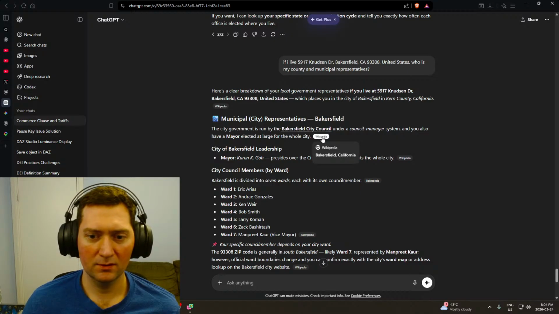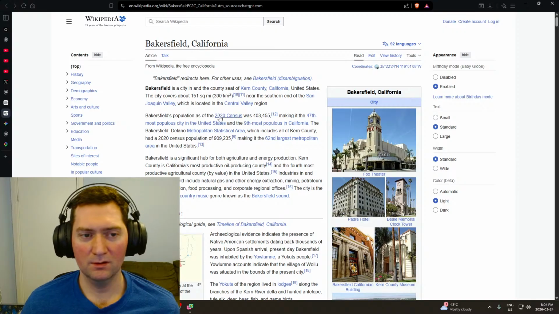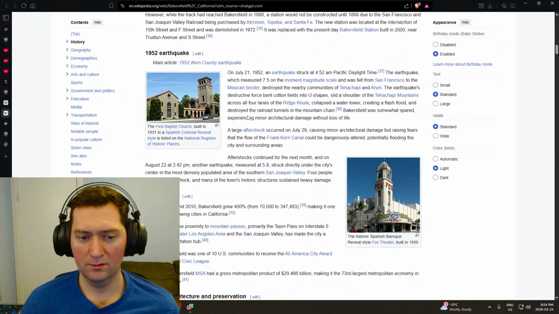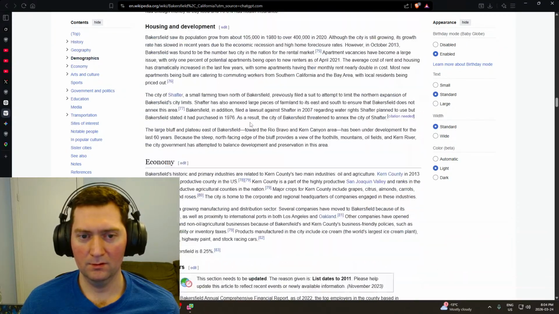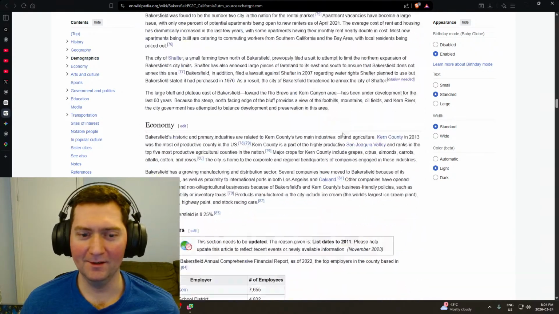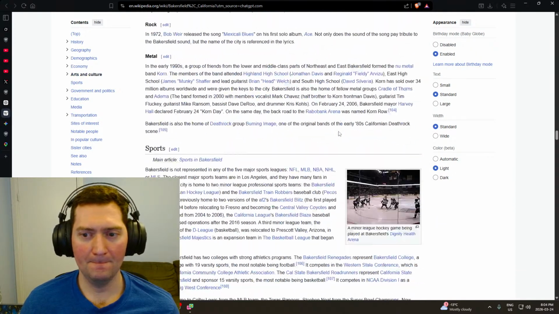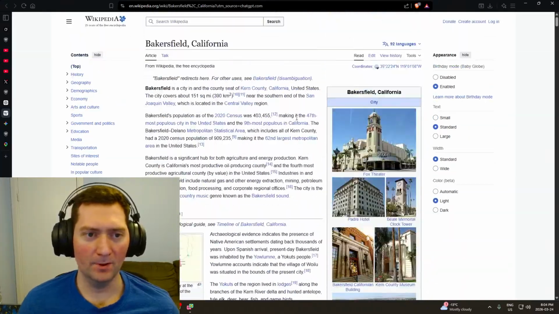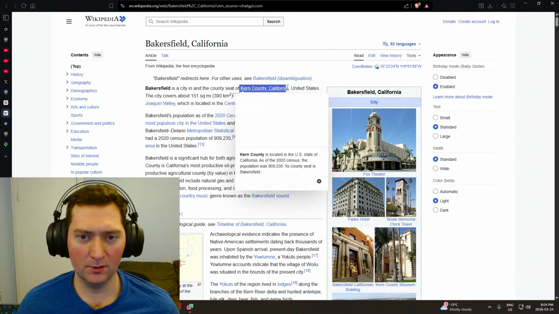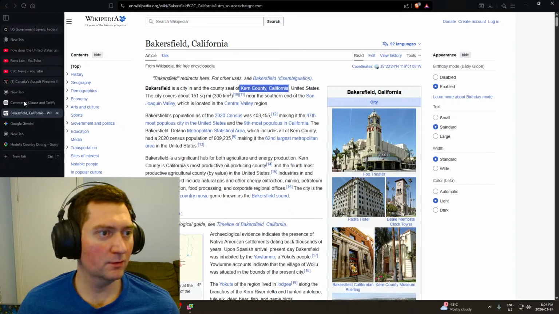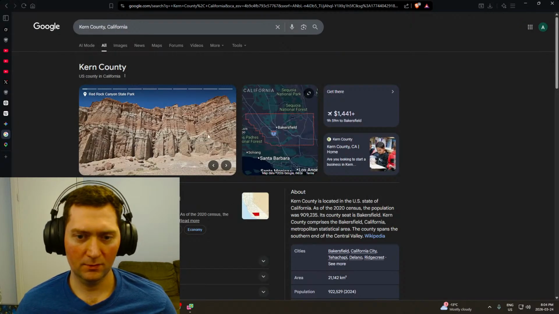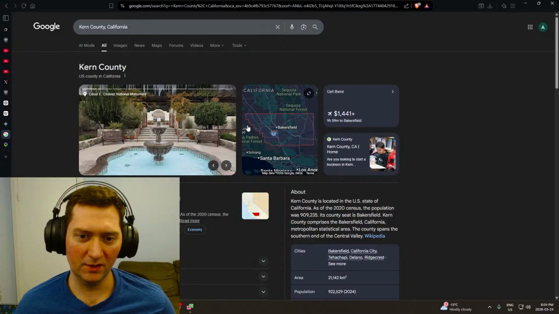Can I see this? Climate. Hot. Got it. You want Kern County, California. Let's just pull this up. Bakersfield. Oh, so it covers a huge area.